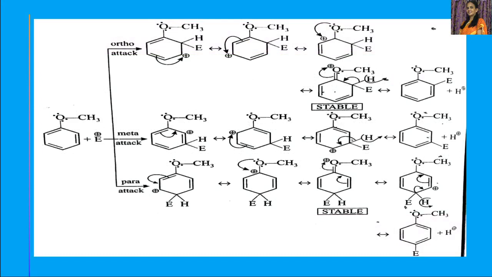Now let us show the different structures where the electrophile attacks the ortho, meta and para positions of methoxybenzene. First, the ortho attack.